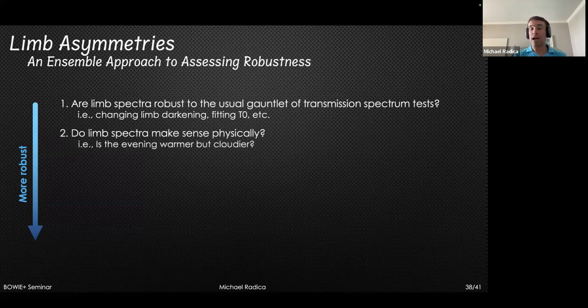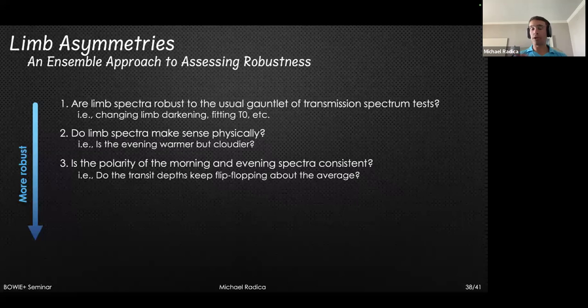The second is looking at whether or not your limb asymmetries make sense physically. Are you finding that the eastern hemisphere, or the evening, is actually cloudier but yet warmer? Does what you're seeing make sense physically?